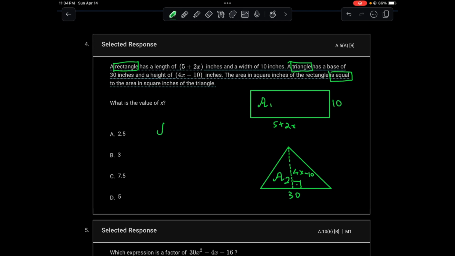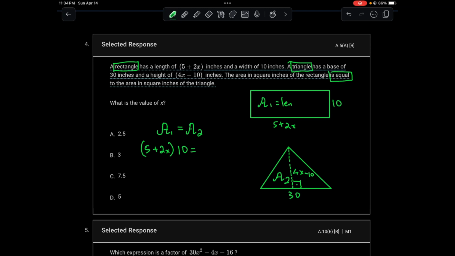We have that area 1 is equal to area 2. What is area 1? The area of the rectangle is basically length times width.